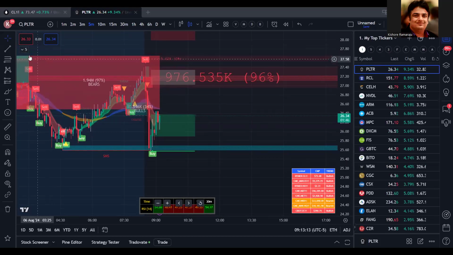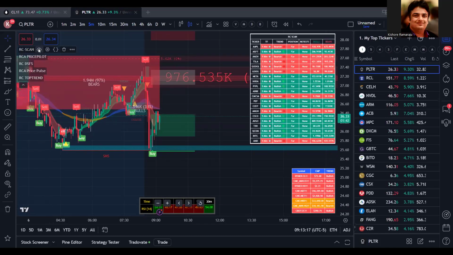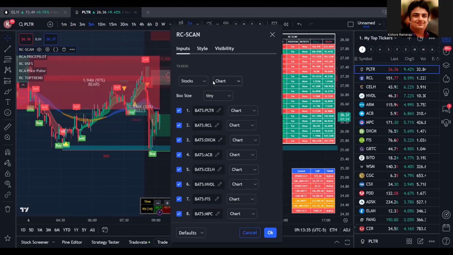As I mentioned yesterday, we developed one more script, or one more indicator, called RC scan, where you can have some standard stocks. For example, this is Apple, Microsoft, Amazon, Tesla, Google, all the standard stocks you can have in one place. And then this is like all the US stocks.